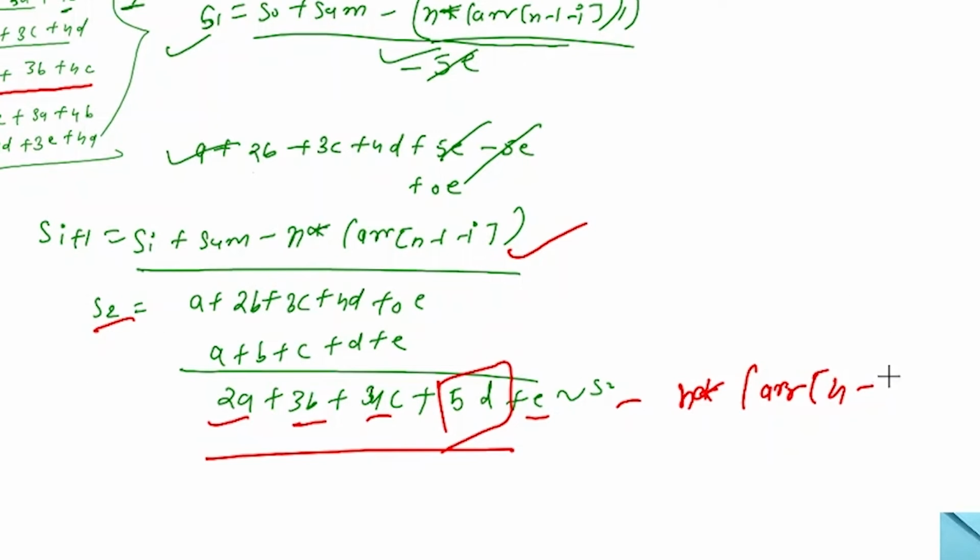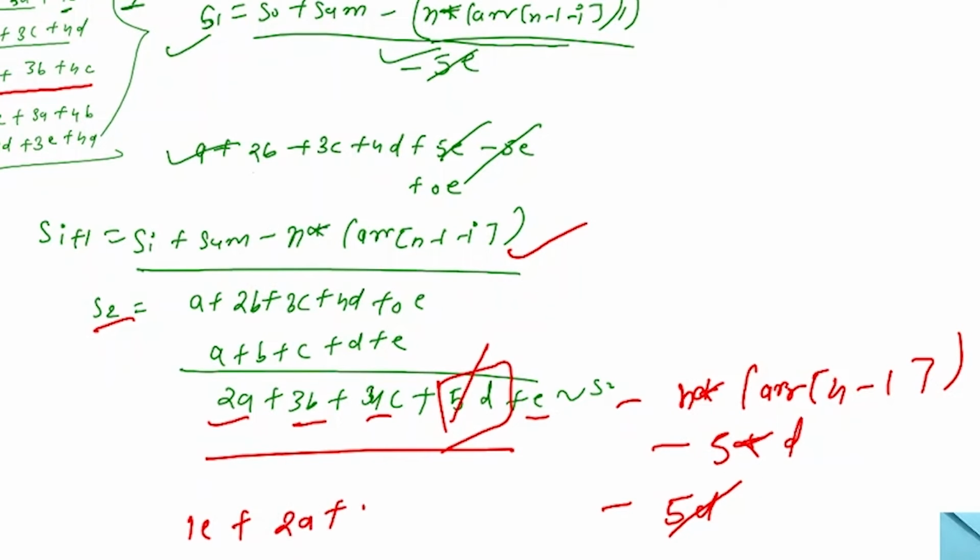So minus 1, so it should be equal to 5 into ARR of 4 minus 1, that is ARR of 3, which is D. So if I do this, it should become equal to 5D. If this 5D cancels this 5D, what do I get here? I get 1E plus 2A plus 3B plus 4C plus 0D. This becomes my answer, which is equal to S2.